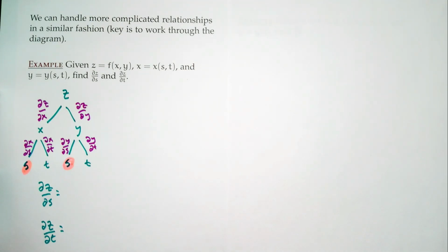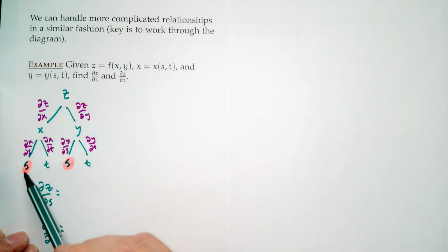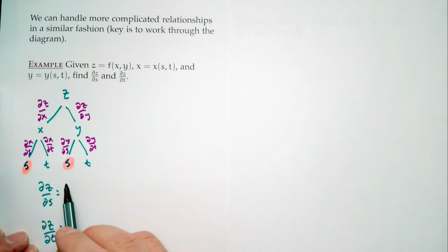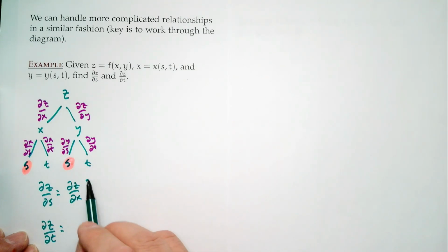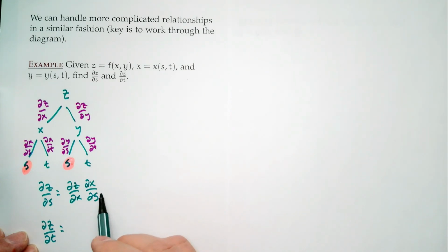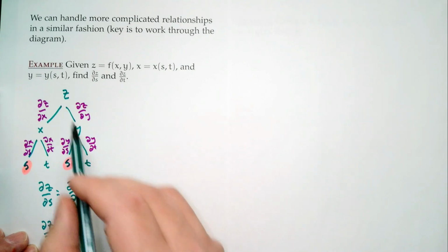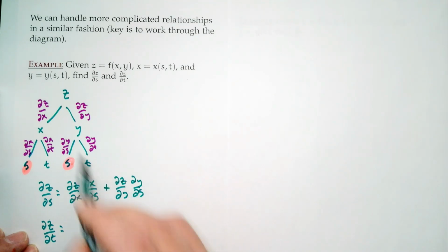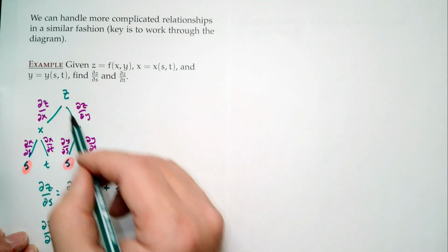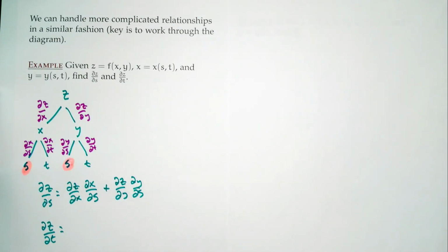So partial z partial s: there's an s down here, so I follow the chain down. So it's partial z partial x times partial x partial s. Plus partial z partial y times partial y partial s. Again, it's down here, follow it down. The proof works the same as the chain rule we talked about.